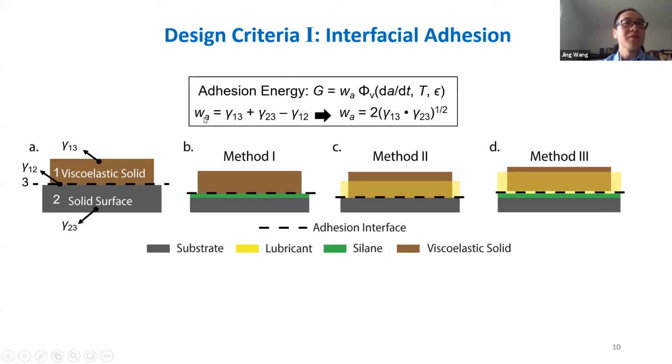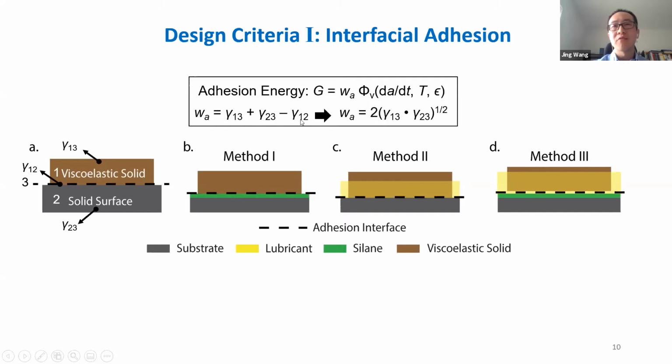The work of adhesion can be expressed as follows: when this viscoelastic solid is in contact with the solid surface and is under air, which is phase 3, the surface energy together is gamma 1,2. When we want to detach them, the entire surface energy state becomes gamma 1,3, which is the viscoelastic solid to air, plus gamma 2,3, which is the solid surface to the air.